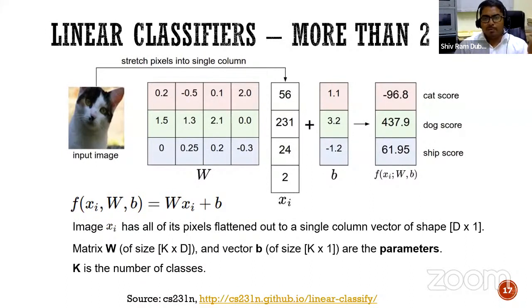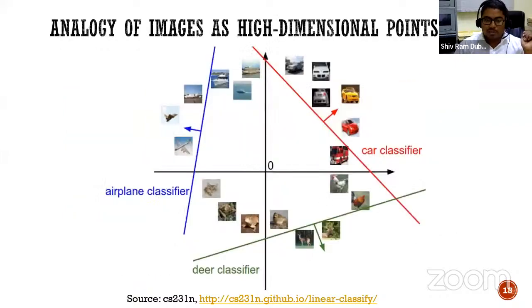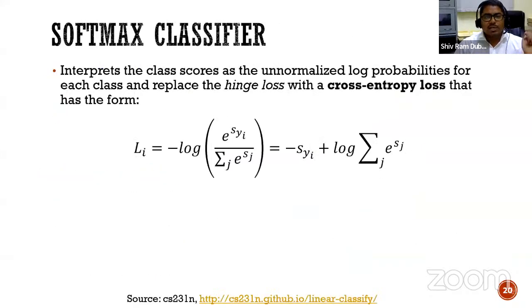People are using this softmax classifier with cross entropy loss as the default choice for training these models for classification. So let's have a quick look at what this softmax classifier is.